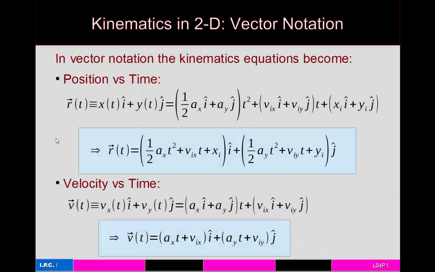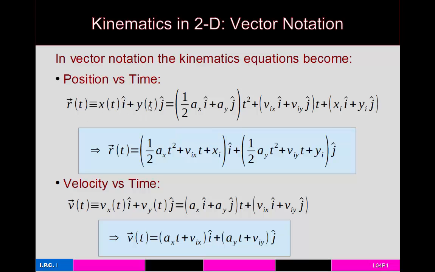So what does this actually look like in 2D using vector notation? And again, if you want to go 3D, you're basically adding an additional term with a k hat. The answer is that you can break up in 2 dimensions the position vector into x of t and y of t. So x of t i hat, y of t j hat.